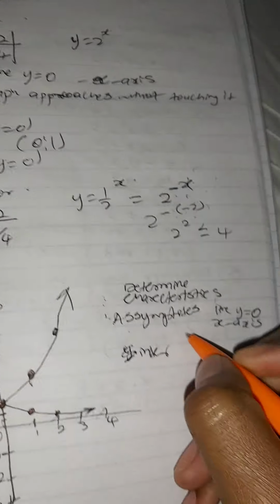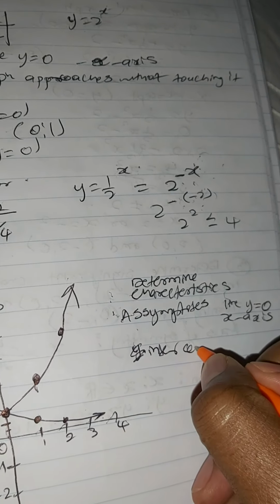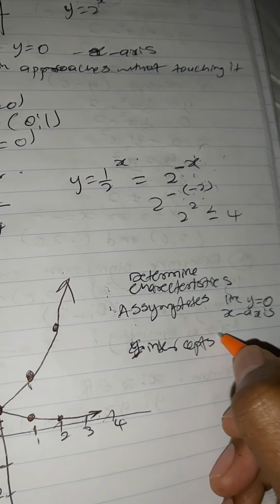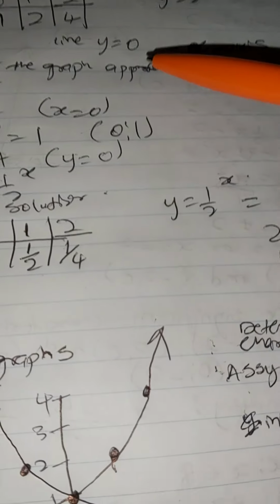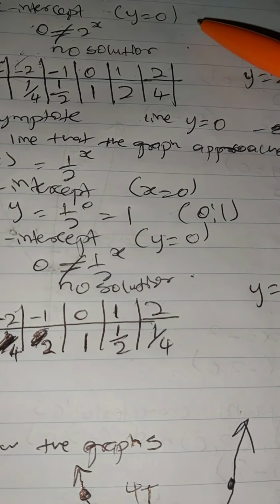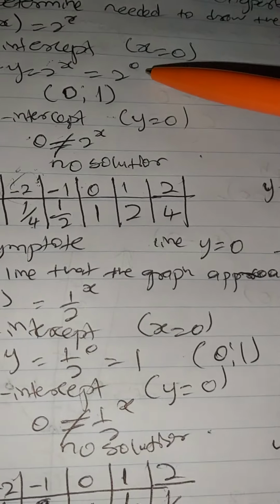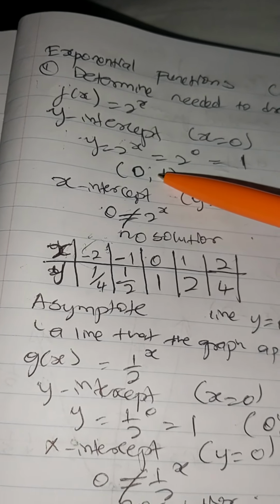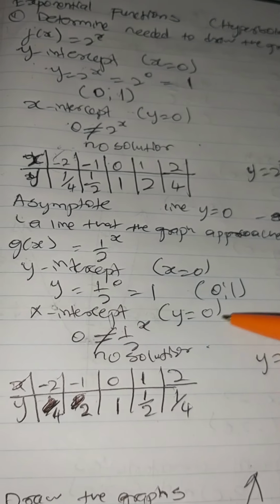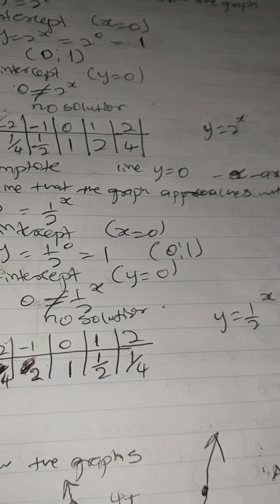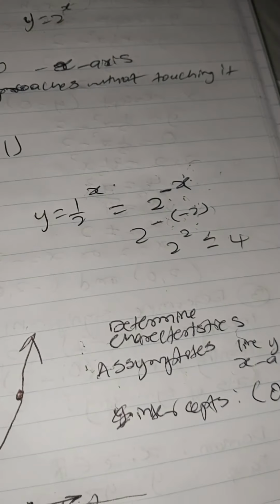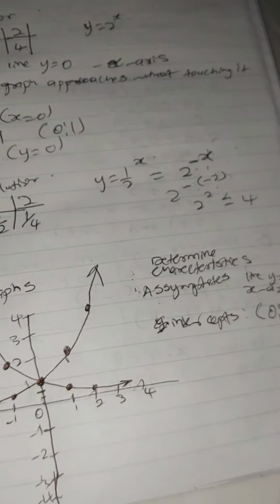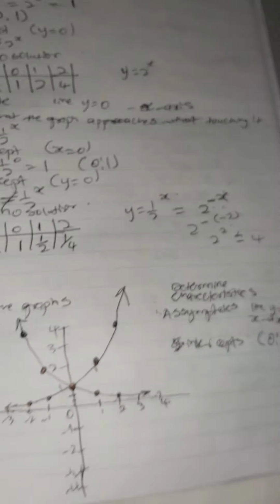For the first function, the intercept is 0 and 1, and the other one is still 0 and 1. So for both functions, the intercept is 0 and 1. And I think that's about it.